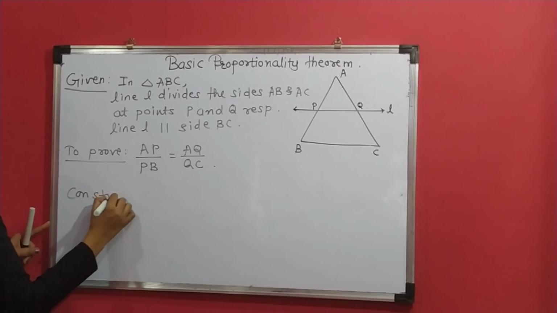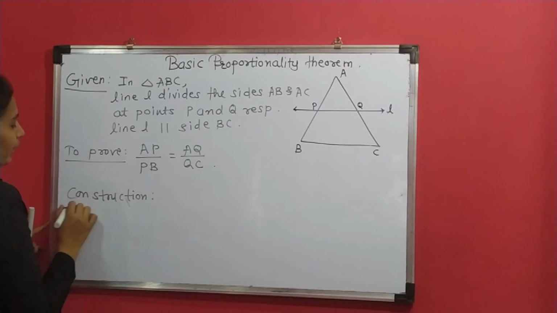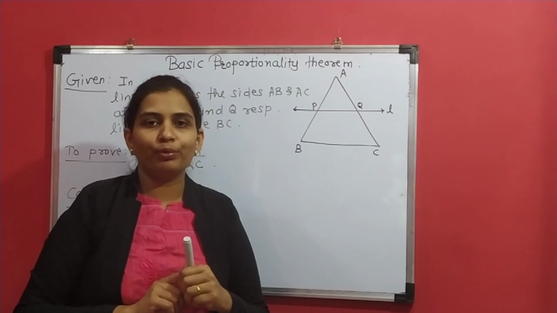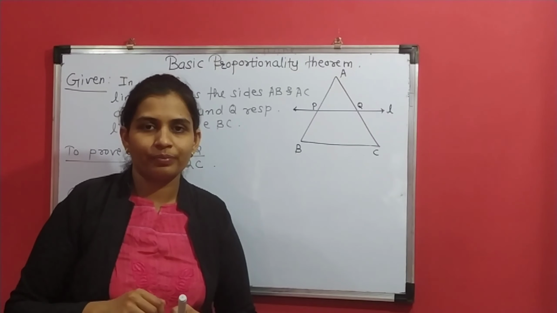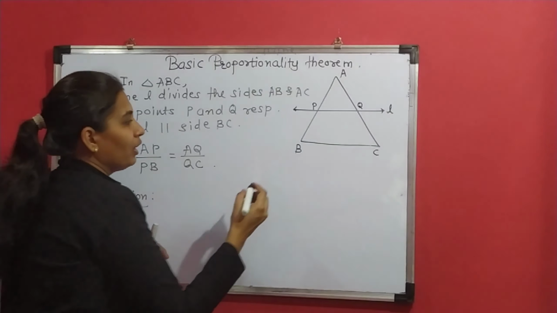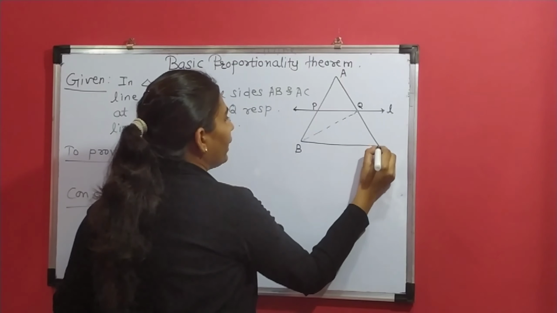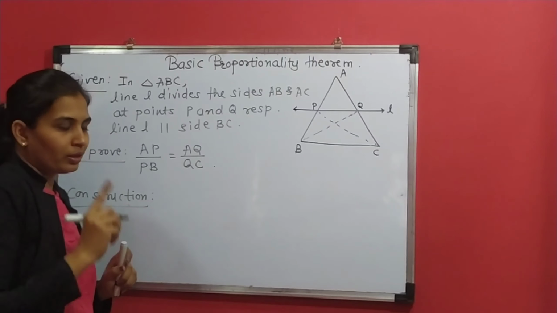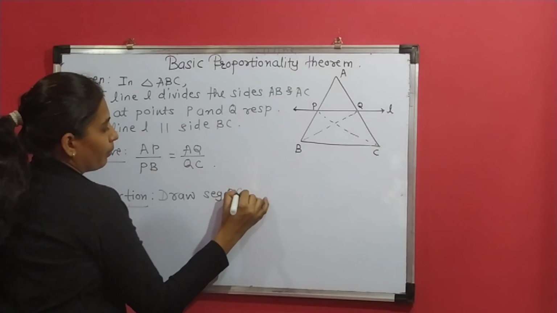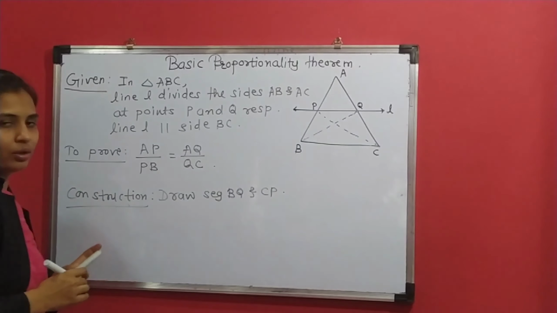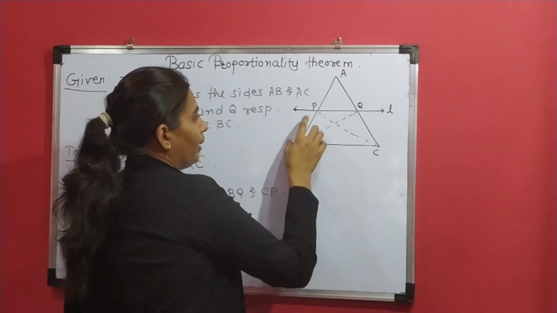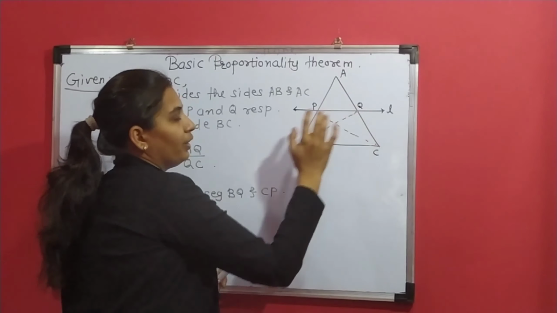Now students, we have to construct something in the figure. Why do we have to construct? Because for any proof, we must have two triangles and we have to apply our previous knowledge. So I will construct BQ and CP. I will write here, draw segments BQ and CP. Now we got another two triangles, that are BPQ and CPQ.